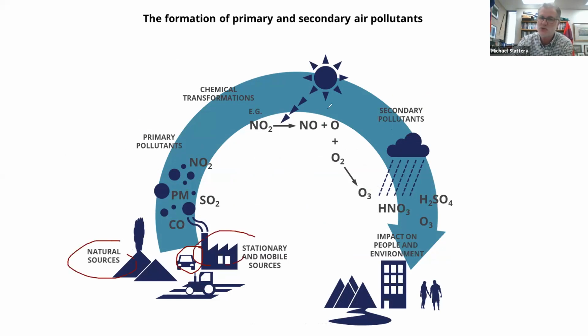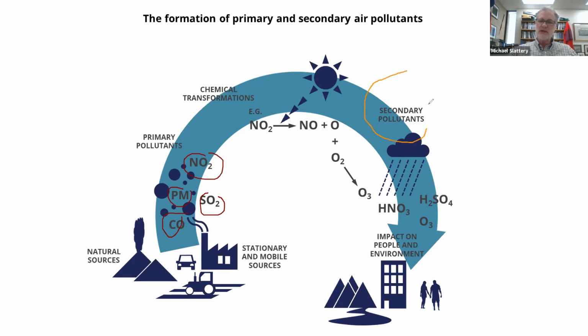There can be stationary sources like coal-fired power plants and other factories, but these are pollutants that are emitted directly from the source. So things like nitrogen dioxide, sulfur dioxide, PM. PM stands for particulate matter, fine suspended particles in the air, and CO, carbon monoxide. So for example, the incomplete combustion from your car comes out of the tailpipe as carbon monoxide, right? Those are primary pollutants, okay?